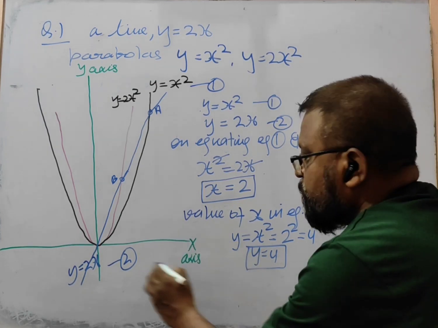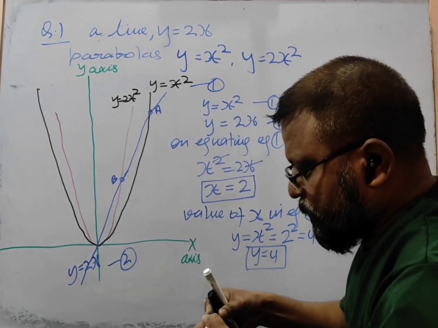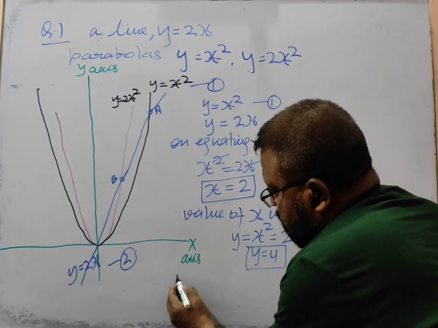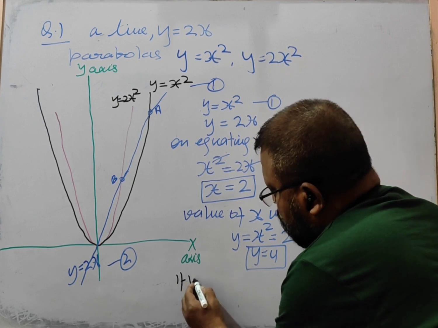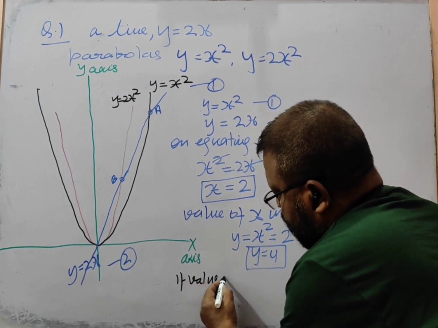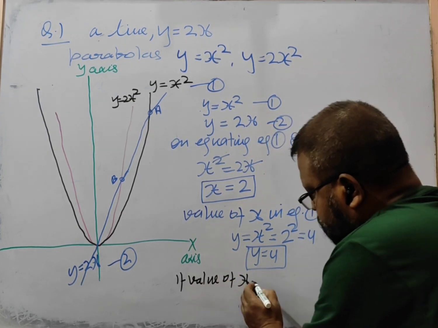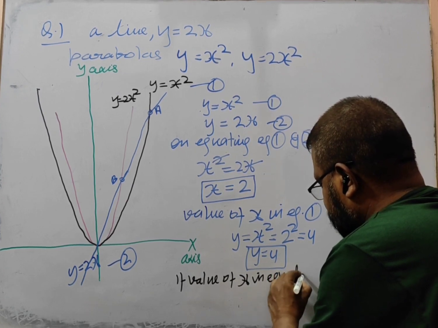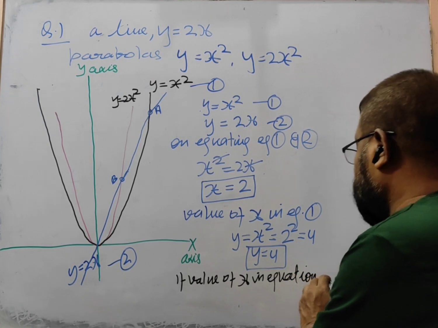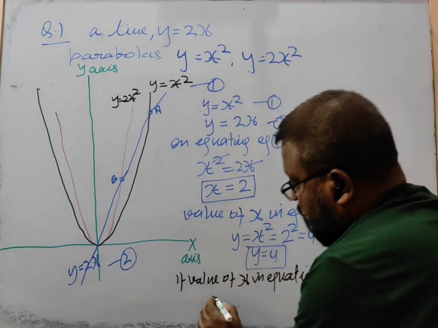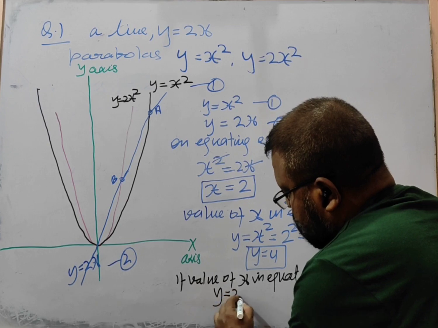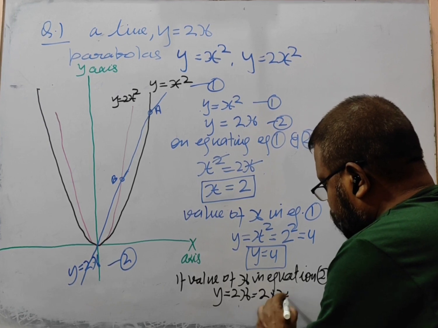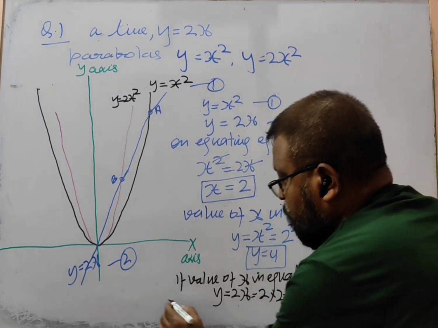And if we put this value of x in equation 2 also, just to check it, it becomes y is equal to 2x. So there is 2 into 2, there is 4. So here again y is equal to 4.